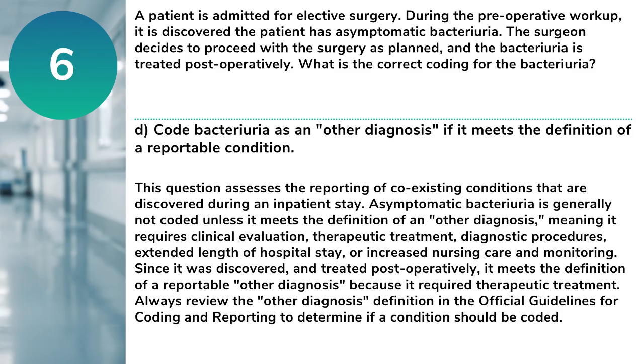Since it was discovered and treated postoperatively, it meets the definition of a reportable other diagnosis because it required therapeutic treatment. Always review the other diagnosis definition in the official guidelines for coding and reporting to determine if a condition should be coded.